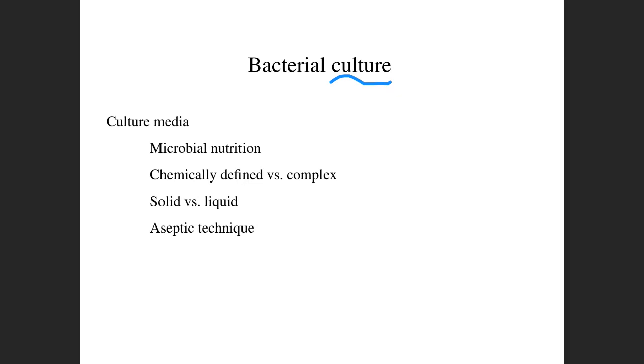A chemically defined example is a salt with some glucose, and then that's defined. You know the composition. And then you have complex, let's say using soup, like meat soup, right? And you wouldn't know what molecules are inside.